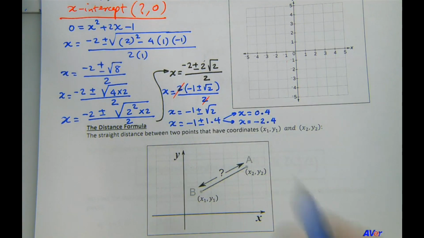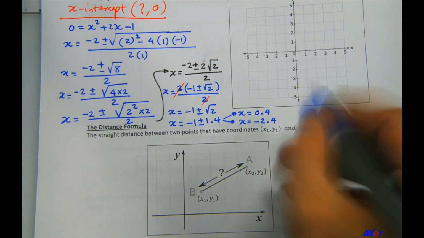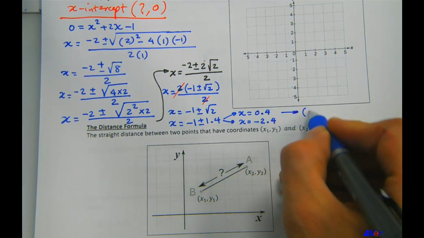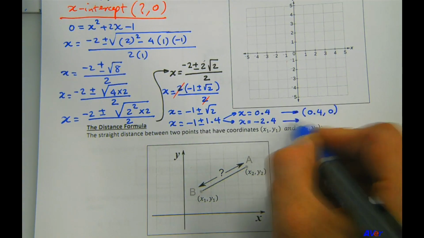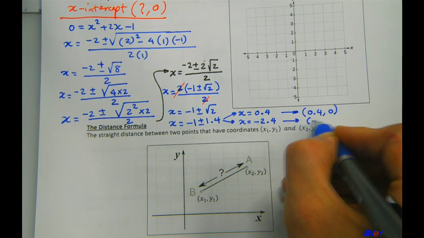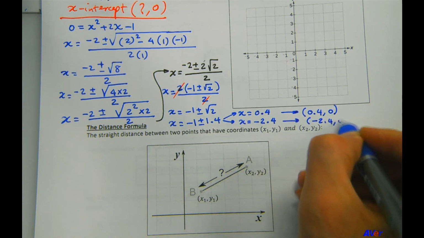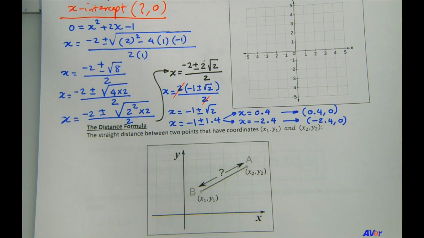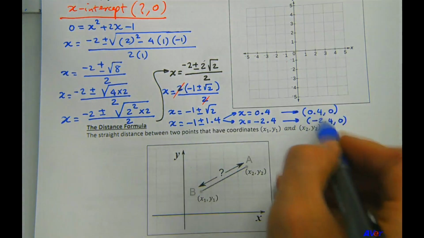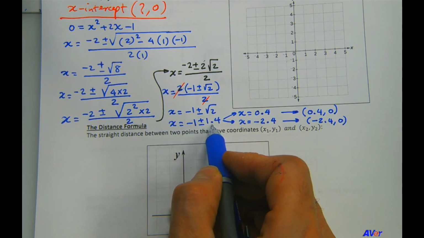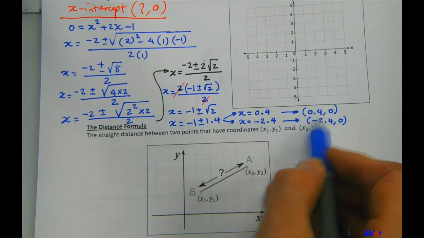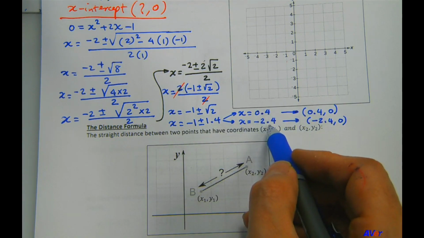So what are the x-intercepts? The x-intercepts are as follows: 0.4, 0, and -2.4, 0. Okay, again, these are estimates because I rounded the square root of 2 to 1.4. So these are roughly where these points are.